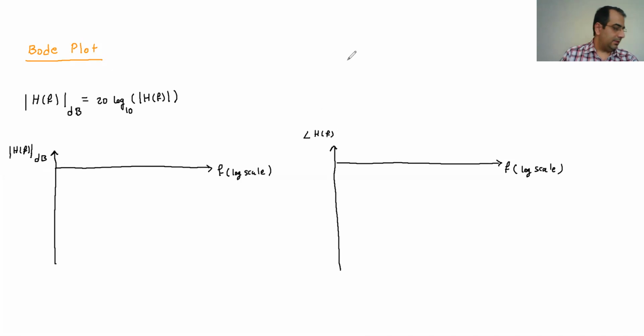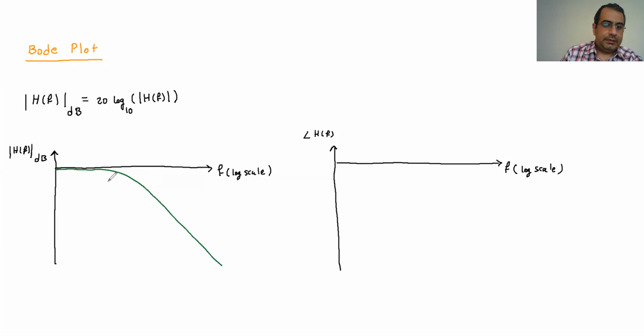this is for the first order low pass filter. It's usually going to look something like that. It goes close to 0, then we'll have something like this, and then it goes down.